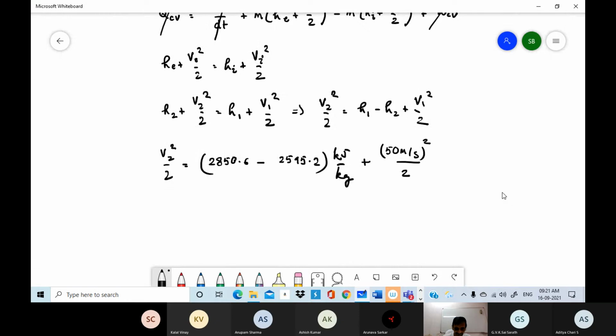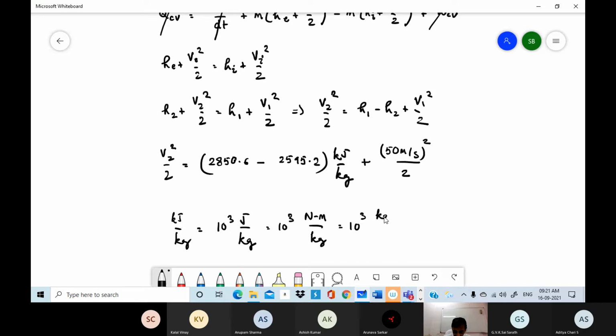So now that we have written the units, you can, I presume, make out where the problem is. That kilojoule is not the SI unit. So kilojoule per kg is 10 to the power 3 joule per kg, which is 10 to the power 3 times joule is Newton meter, so it is Newton meter per kg.